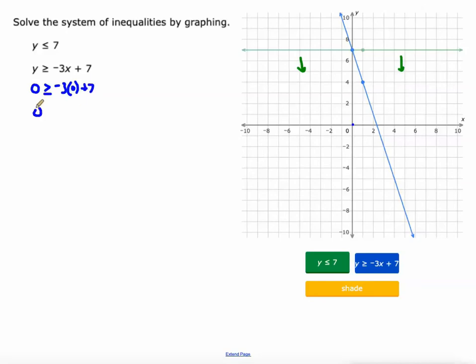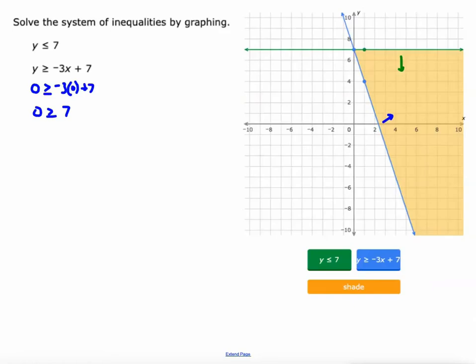Or is 0 greater than or equal to 7? It's not. So since that point doesn't work, we would be talking about shading this side. We're just talking about this section over here where their shading would overlap. And that's the solution set. All these points in this section would solve both of these inequalities.